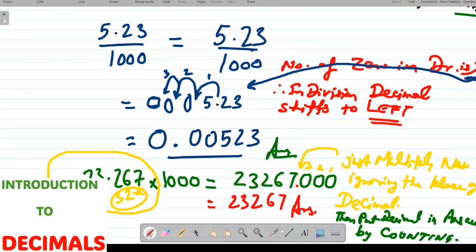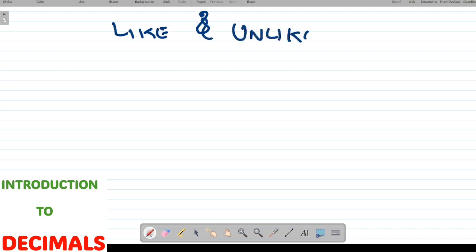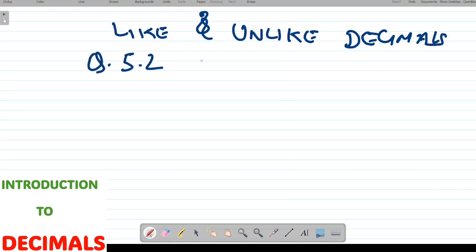So friends, we will take another example of like and unlike decimals. How do we identify whether two decimals are like or unlike? Let us do it. Like and unlike decimals. Suppose the question is 5.2 and 302.367.